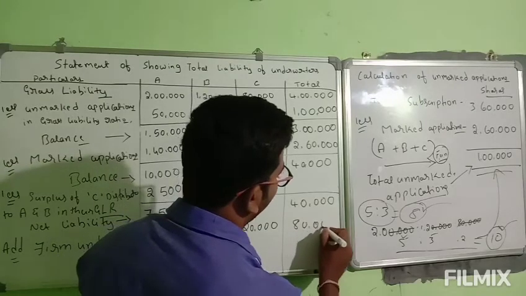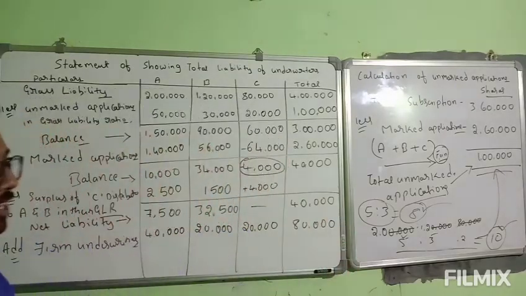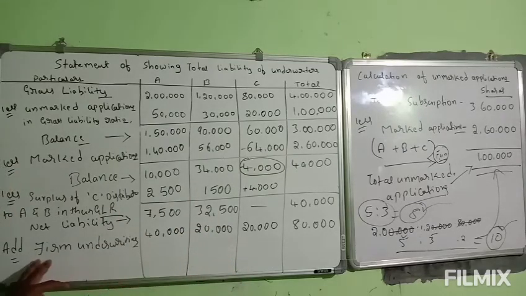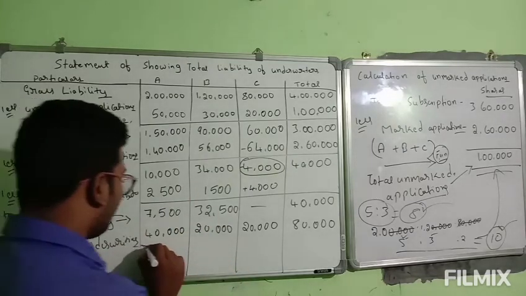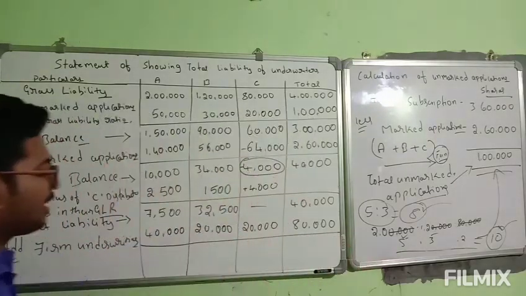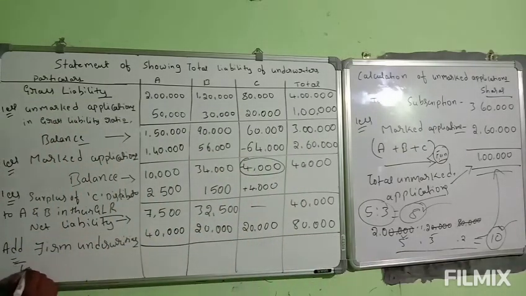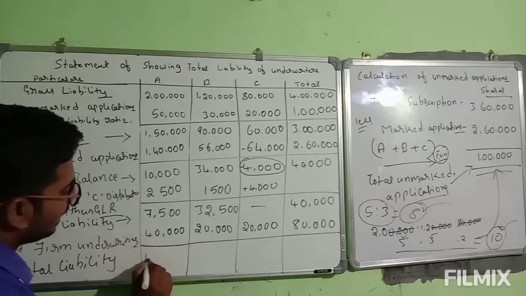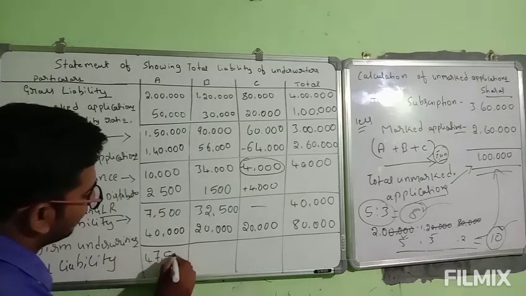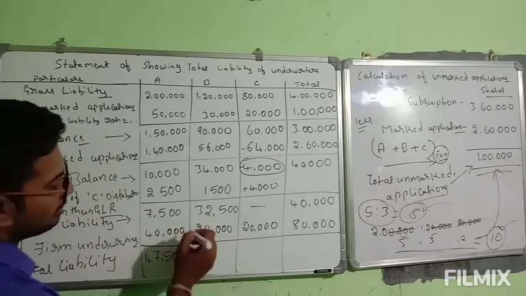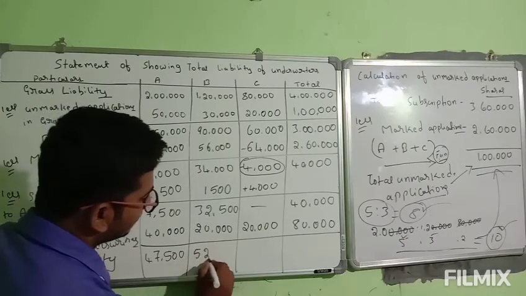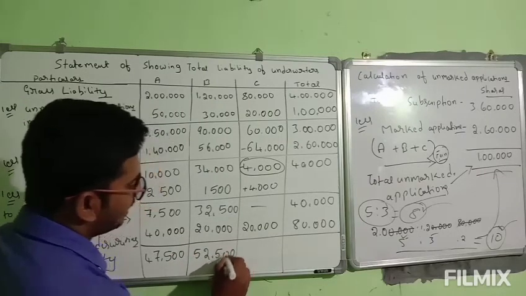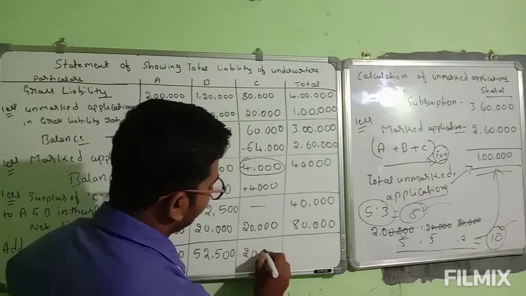Whether you treat firm underwriting on par with marked applications or on par with unmarked applications, you should add firm underwriting at last. So after net liability, if you add firm underwriting, you will get the total liability. Total liability of A here 47,500, B 52,500 and C 20,000.